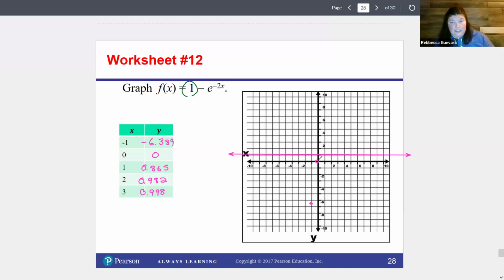Then we cross here at 0, 0. Then at 1 and for the next 3 points, we're getting closer and closer to this line here. I'm going to use a different color than that pink. So we're getting like that, coming up underneath and up to it.